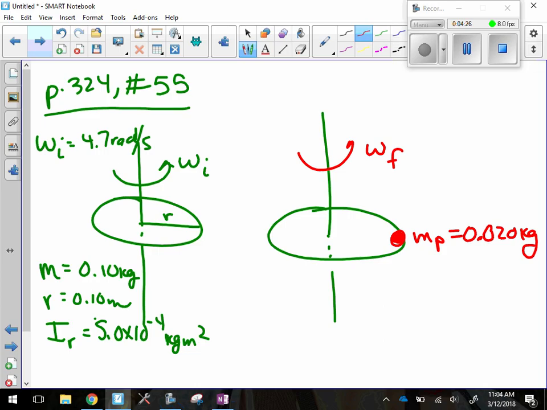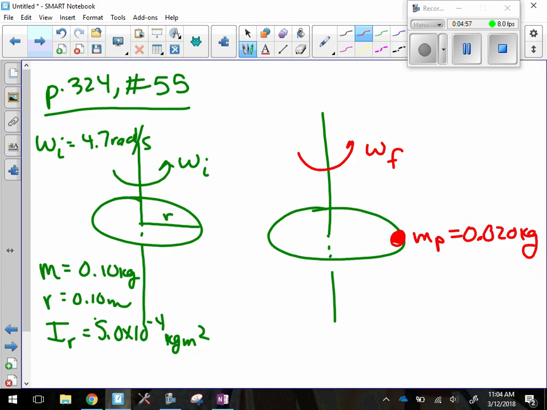If angular momentum is conserved, if I've added more mass to the system, then the velocity has to change. But wait a minute. Can I add mass to a system and conserve momentum? No. So what do I have to add to my initial picture here? If that's my system after, what does my system before have to be?